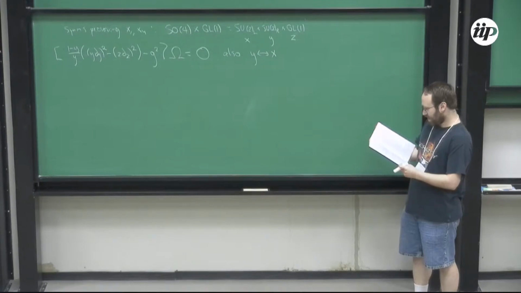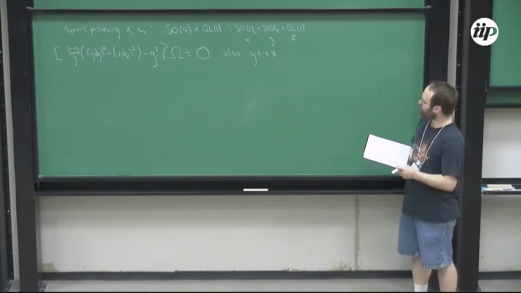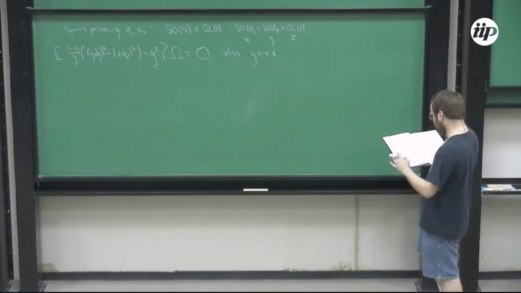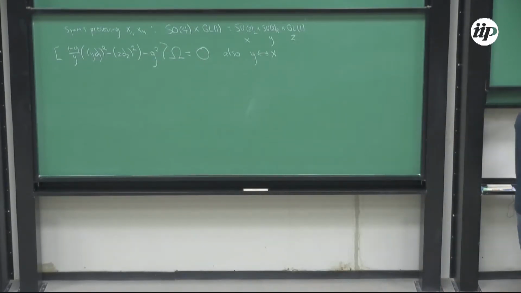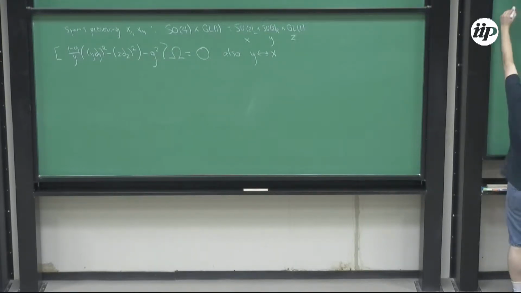Okay. And with this, let's see where I want to put this. I guess I can put this over here. You can probably ignore that for the moment. What we're going to do now is talk about solving omega at finite coupling.